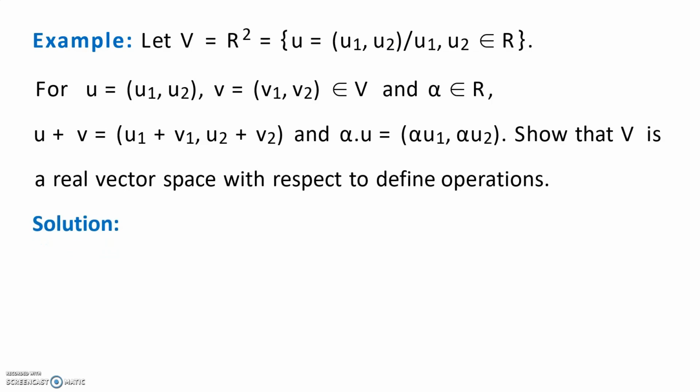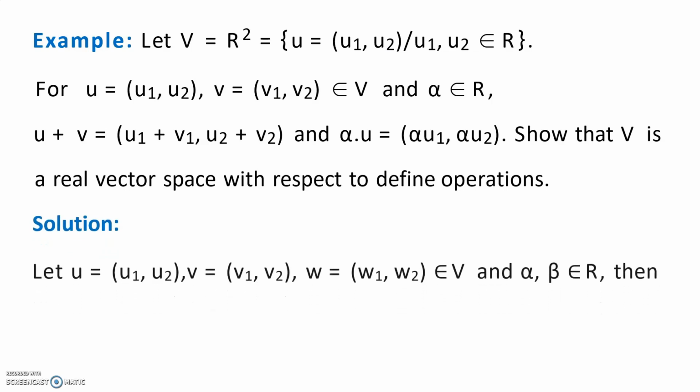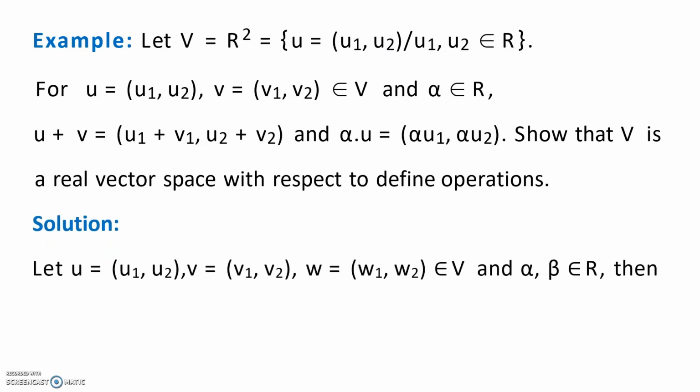Now we will see the solution. Let u and v and w be elements of V. Alpha, beta are real numbers. Then closure axiom, that is u plus v is equal to u1 plus v1, comma u2 plus v2 by given vector addition and which also belongs to V. Hence C1 is satisfied.